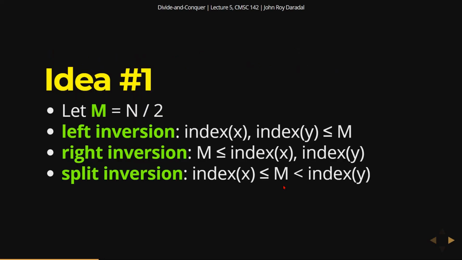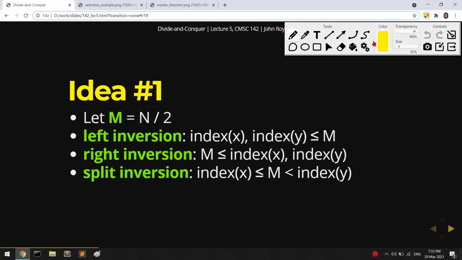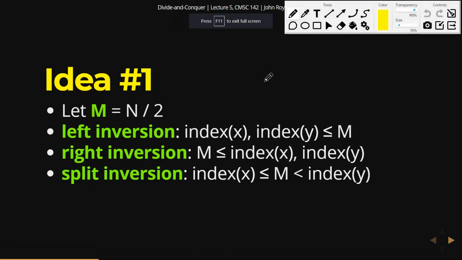So for example, if you have something like this, 4, 2, 1, 3, 5, 2. The middle of this would be here, right? This is m. So the left inversions would be 4, 2, 4, 1, and 2, 1. So these are your left inversions.